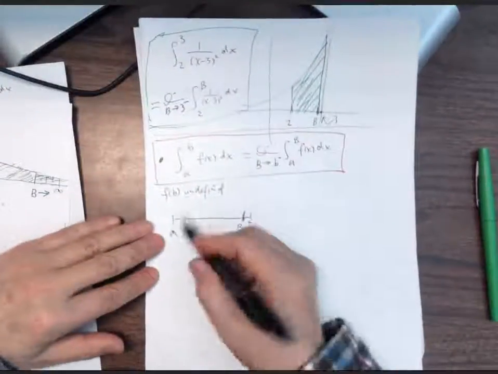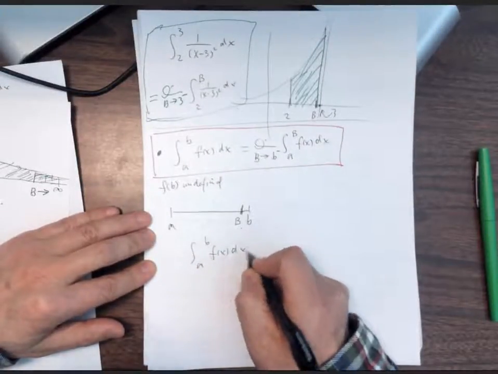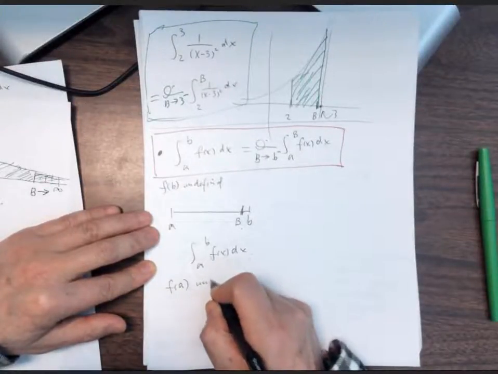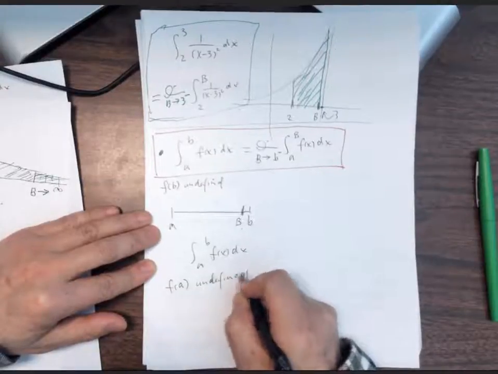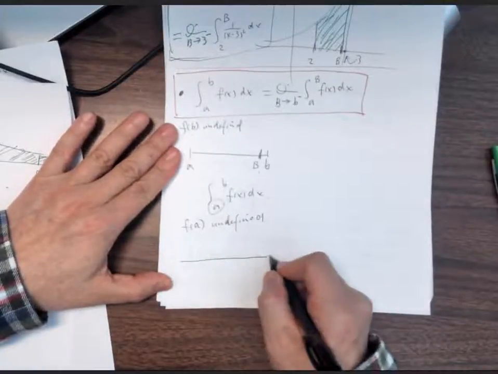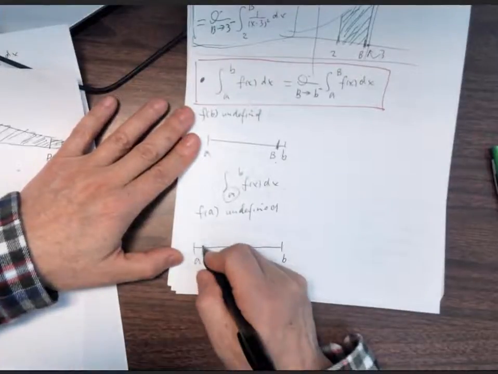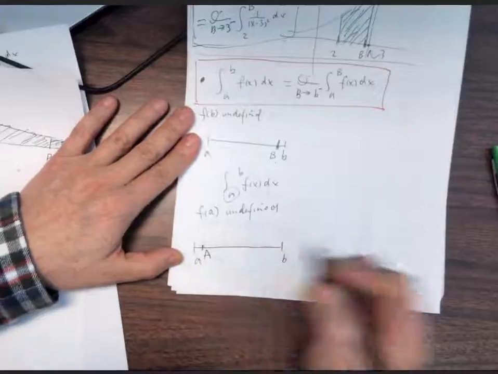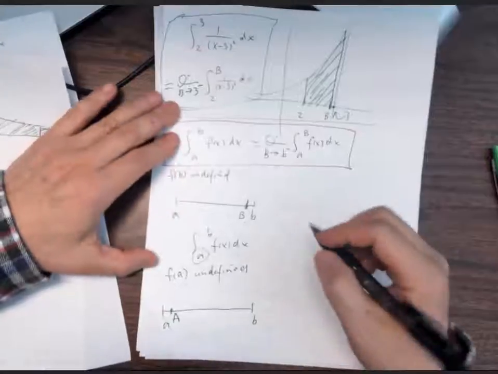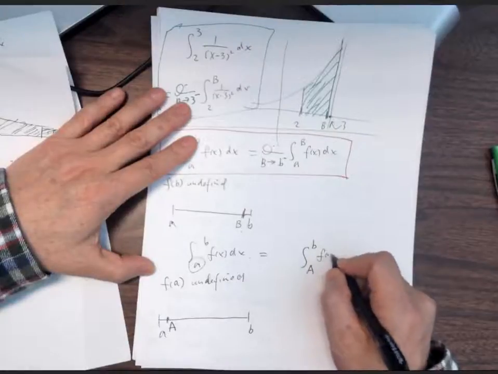Now similarly, you can imagine if we have a to b f of x dx. Well, f of a is undefined, so that's trouble spot. What happens is this time we would still start with the number 9, a to b. Now this time this is a trouble spot, so we avoid it, pick up some location called capital A. Then we do capital A to b f of x dx.